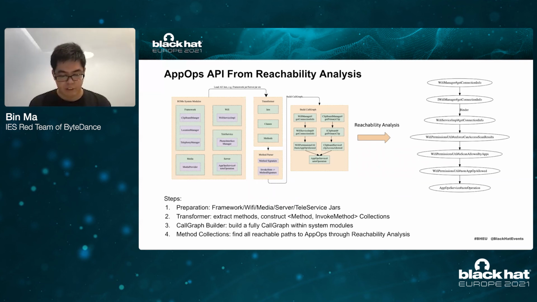They both finally lead to a note operation in the AppOps service. Finally, we merge the APIs collected from source code and reachability analysis together as our set of AppOps APIs.